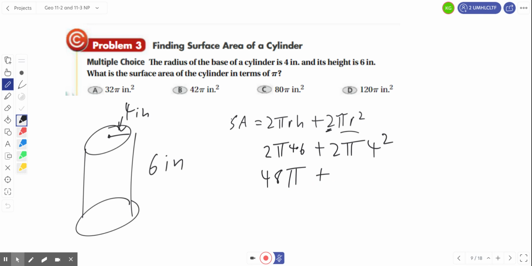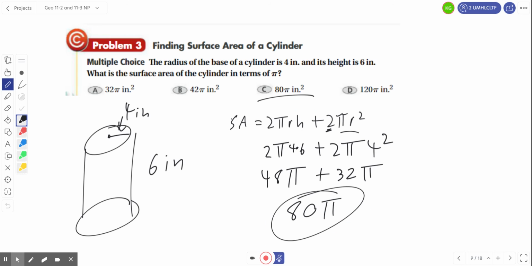The second part is 4 squared, which is 16, times 2, which is 32 pi. 48 pi plus 32 pi is a total of, let's see, 80 pi. So 80 pi inches squared is the correct answer. That's how you find the area of a cylinder.